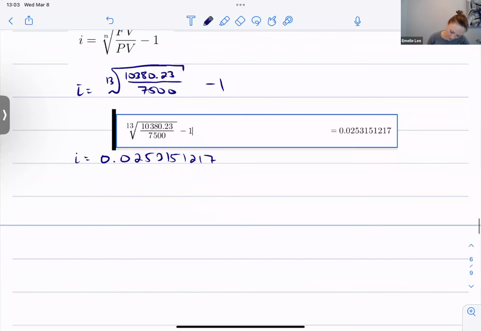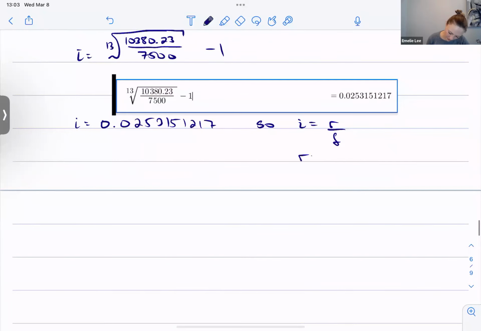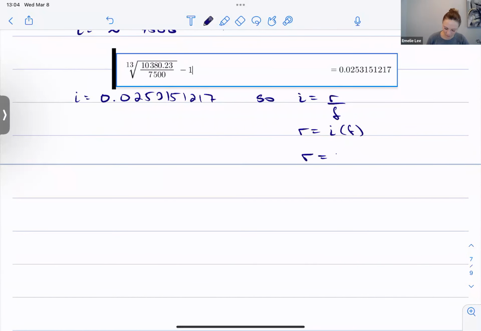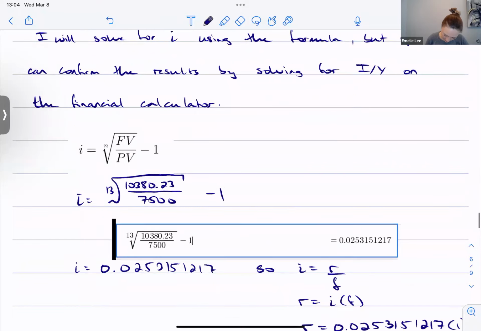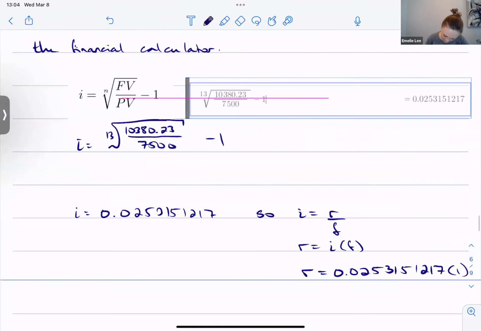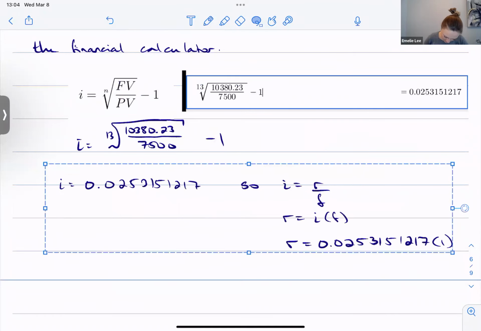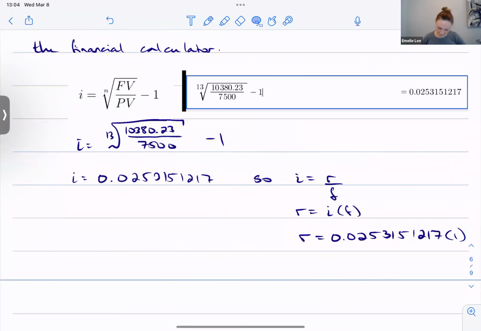And so I is R over F, which means that R is I times F, but R is just 0.0253151217 times 1. But because this is the end of the page here, maybe I'll put this up here just because I want to keep it. So here, this came from over here.